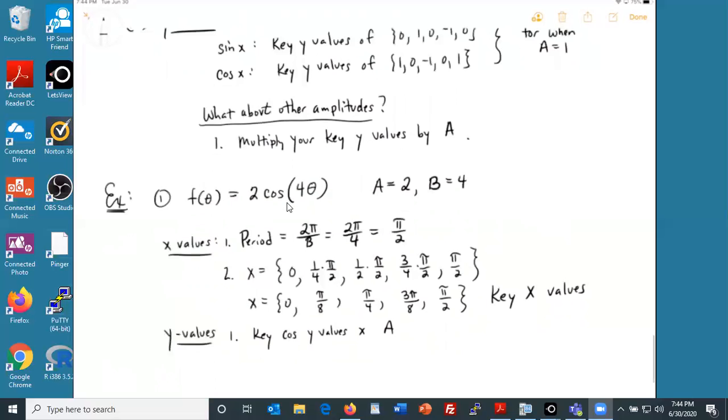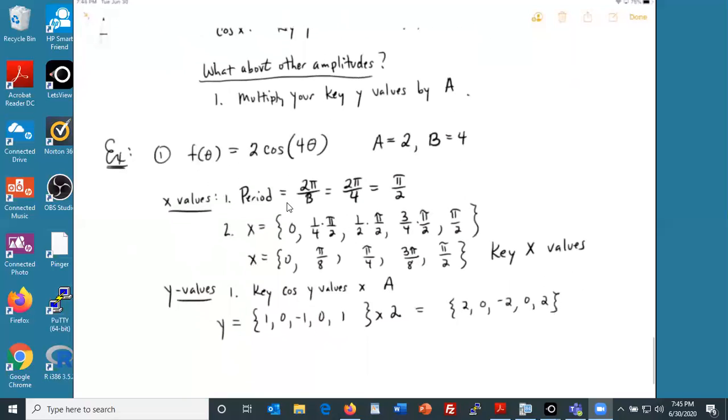So the cosine y values are 1, 0, -1, 0, and 1. Multiply that by a, which is 2. And that gives us 2, 0, -2, 0, and 2. So you just multiply everything inside the braces by 2, and you have your y values.